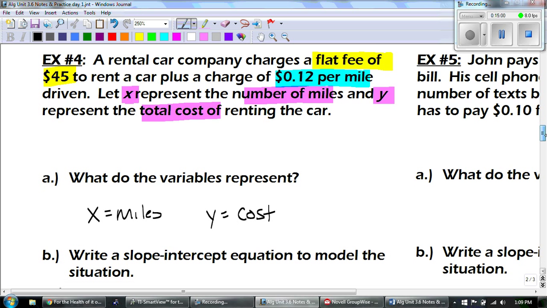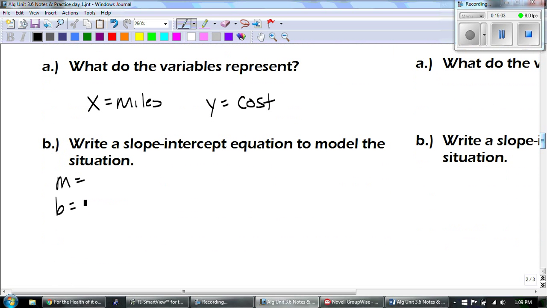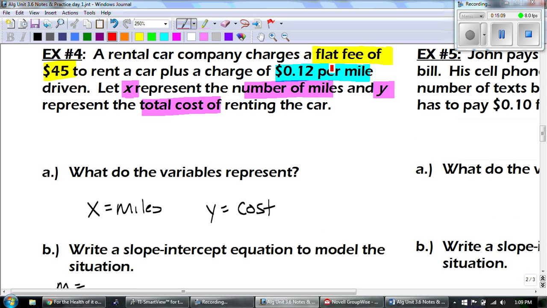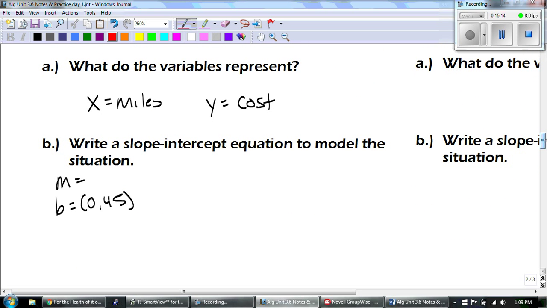So remember, flat fee is talking about our y-intercept, so that's the 45, and then per, so they're charging 12 cents per mile. So that means 0.12. Okay? So our equation, y equals 0.12x, plus the 45.